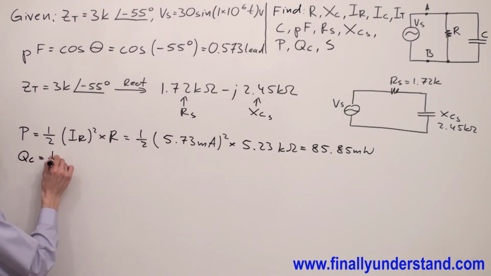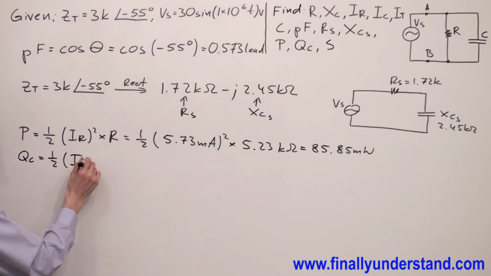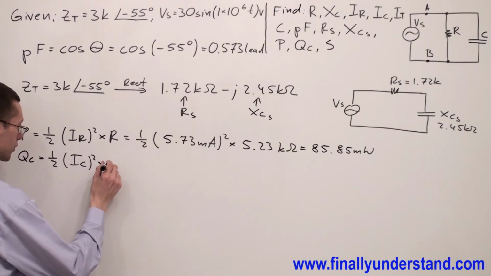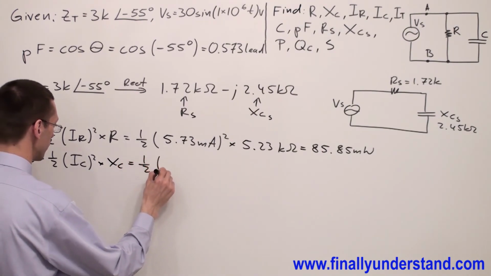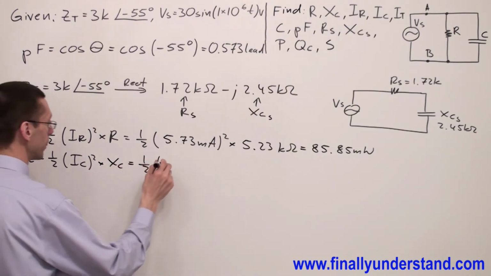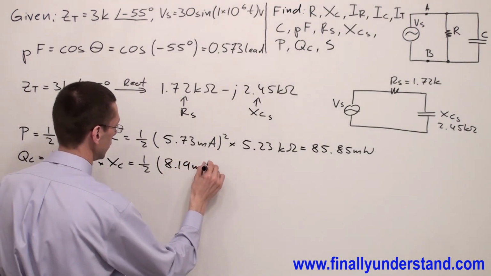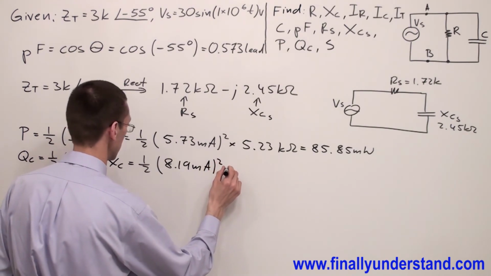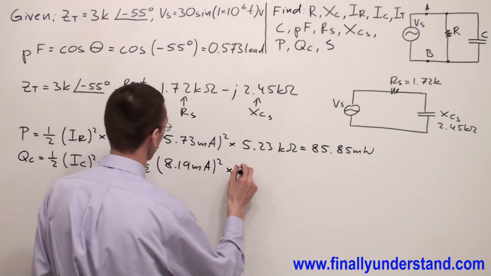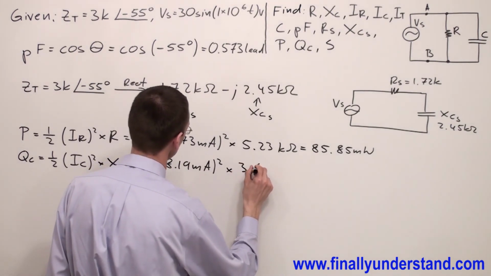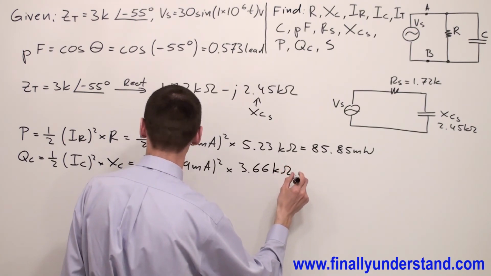Next, we're supposed to find the reactive power. QC is equal 1/2 current which goes through the capacitor raised to the second power times X of C, which is equal 1/2 IC is equal 8.19 milliamps raised to the second power times X of C, which is equal 3.66 kiloohms.